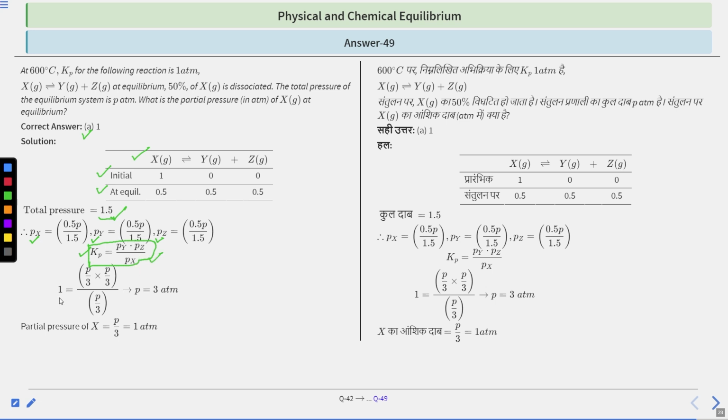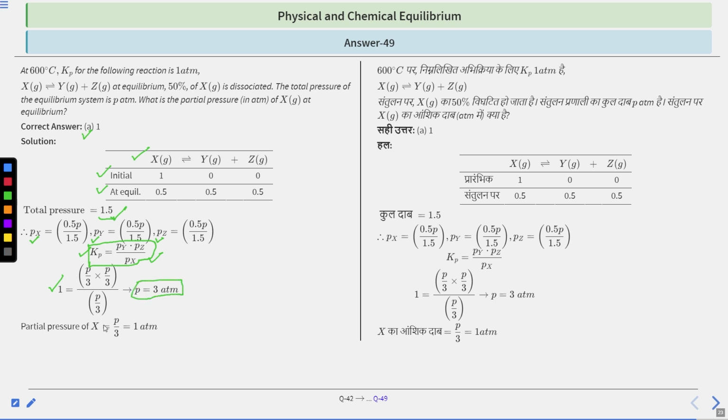We have 1, because Kp is 1, equal to Py, Py is P by 3, into Pz, Pz is also P by 3, divided by Px, Px is also P by 3. Now we solve this and we have P value as 3 atmosphere.